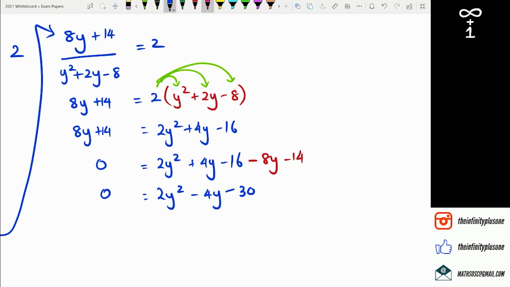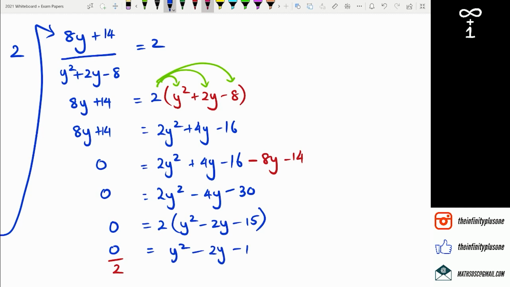All right, so now I can see that 2 is a common factor, so I'm going to take it out. And I've got y squared minus 2y minus 15. Get rid of the 2 because 0 divided by 2 is just 0. So now this is pretty much y squared minus 2y minus 15 equals to 0.